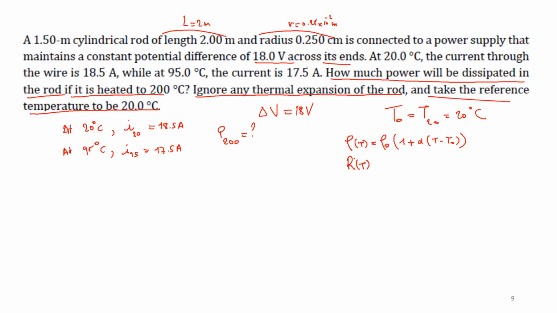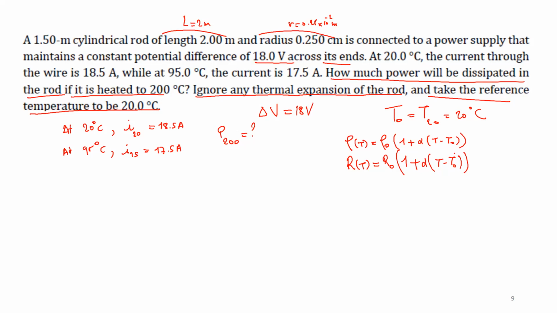So the resistance is temperature dependent. If I had an ohmic resistor, it would be constant, so I wouldn't look at the temperature dependence of my resistance. So here I have R(T), which is R naught, my resistance at my reference temperature, times 1 plus alpha (T minus T naught). Great.